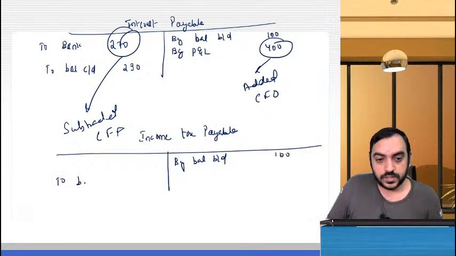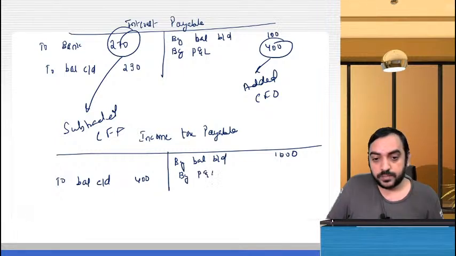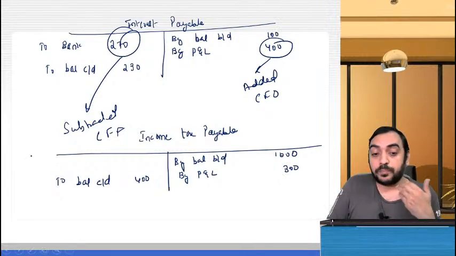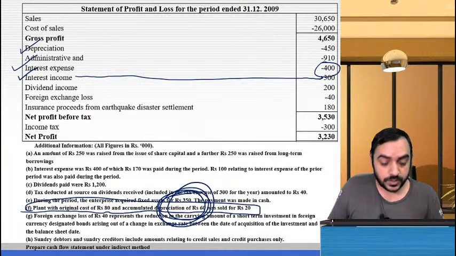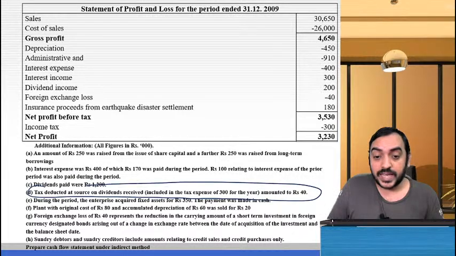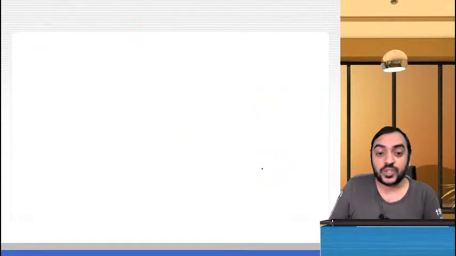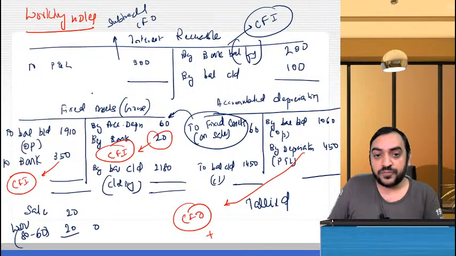To balance carried down, closing balance, opening balance 1000, closing balance 400. And current year from the P&L account 300, by P&L 300. Then they have not paid the balancing figure because some amount is adjusted by way of TDS. Look at the information: tax deducted at source on dividend received, including the tax expense, is 40. So that 40 is not paid in cash. That 40 is paid in the form of TDS.